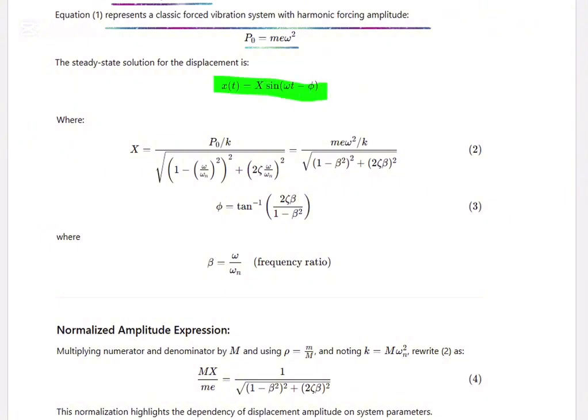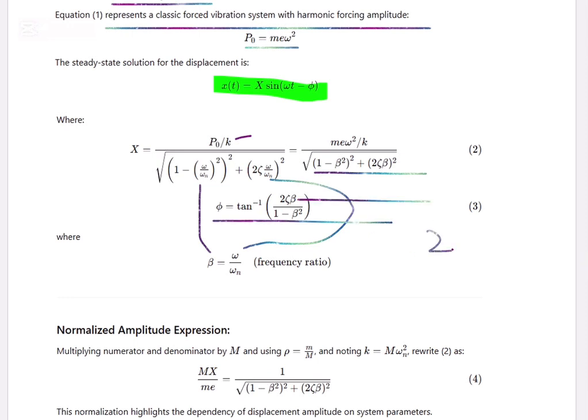X we get from this equation: P divided by square root of (1 minus beta squared) whole squared plus (2 rho beta) whole squared, where beta is the ratio omega by omega n. The phase difference is tan inverse of 2 rho beta divided by 1 minus beta squared.